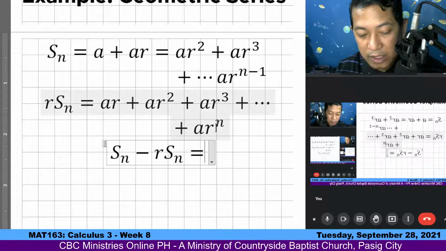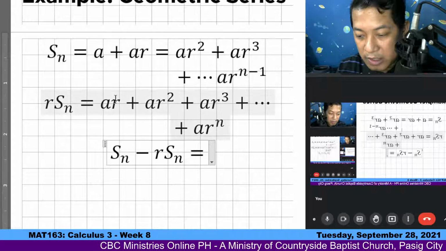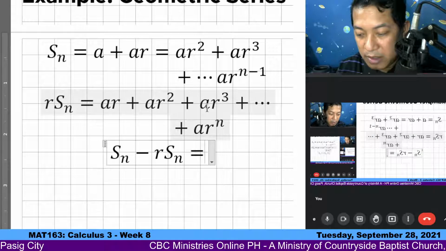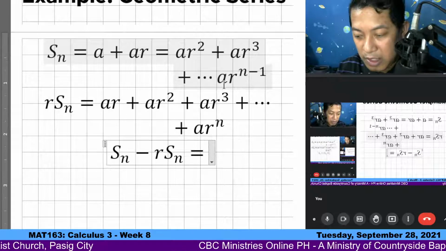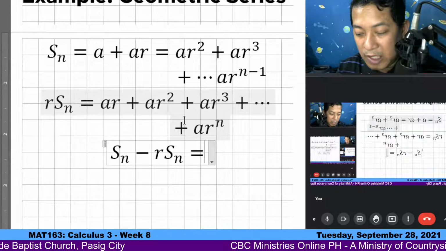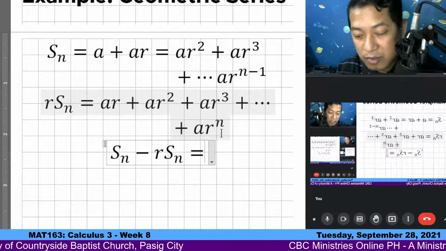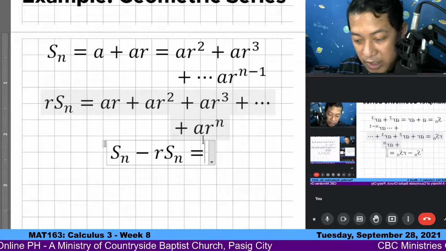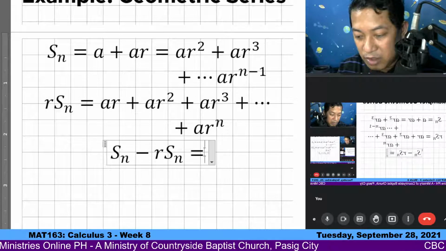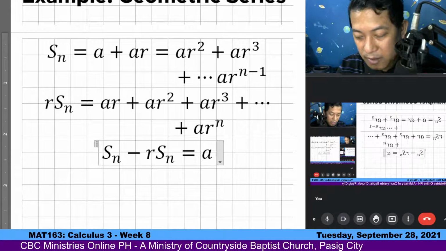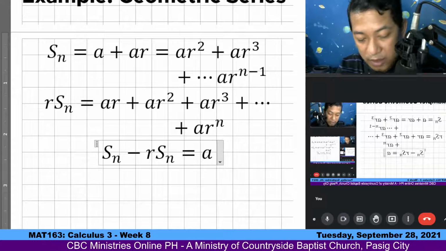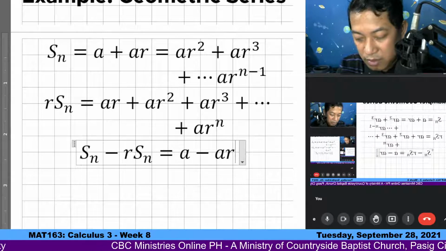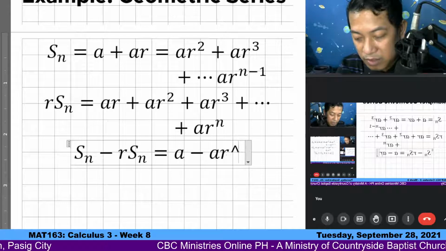What remains? The AR cancels, the AR squared cancels, the AR cubed cancels, and the AR raised to n minus 1 cancels, because the last term is A R raised to n. So only two terms remain: A, minus A times R raised to n.